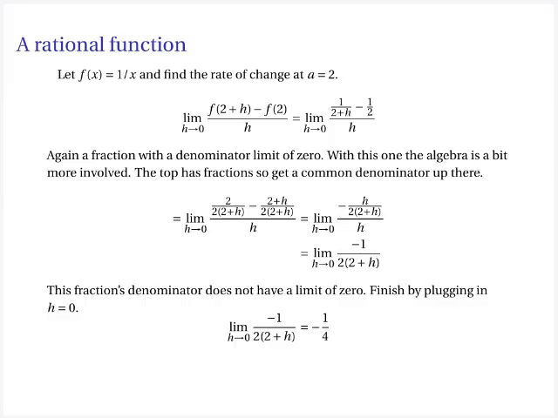So here I go. This is the 1 over 2 plus h, except I multiply top and bottom by 2. And this is the 1 over 2, except I multiply top and bottom by 2 plus h, because I want a common denominator of 2 times 2 plus h. That's how you get a common denominator. All right, so let's see. A common denominator is 2 times 2 plus h, I see it.